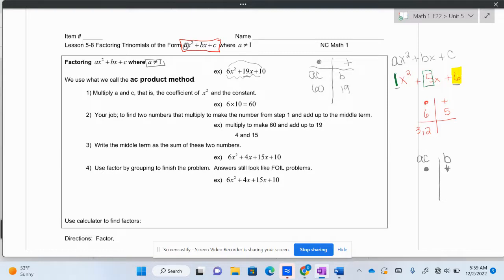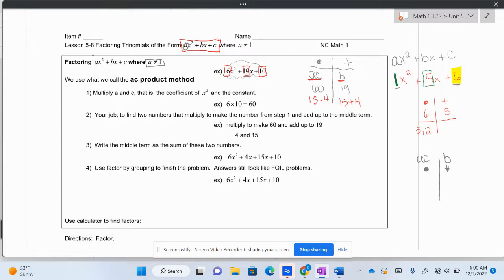So we're going to take the a, the coefficient attached to x squared, and we're going to multiply it by c, the constant, okay? And then it needs to add up to the coefficient b. So a times c, which is 60, has to equal 19. Well, that is going to be 15 times 4. So 15 times 4 is 60, and 15 plus 4 is 19.